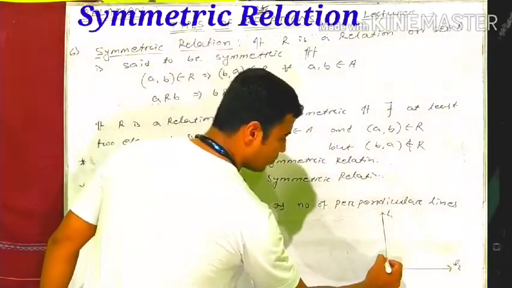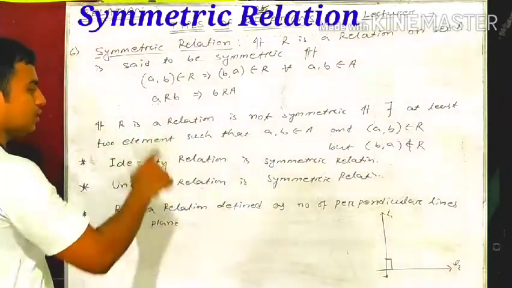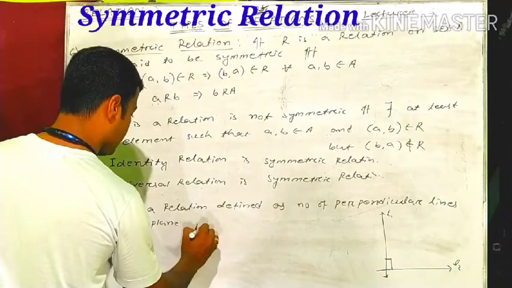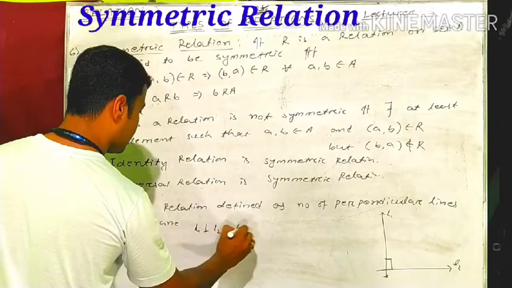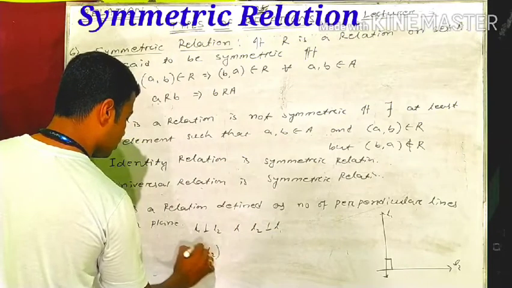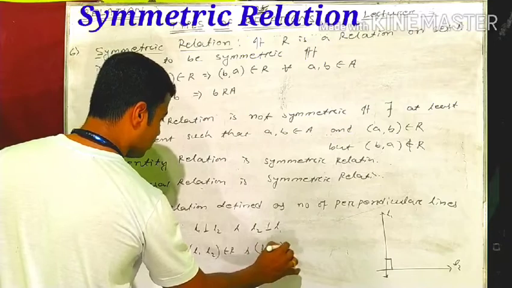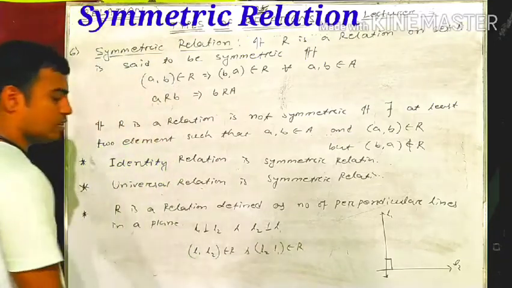Here L1 is perpendicular to L2. So in this definition, we know L1 is perpendicular to L2 and L2 is also perpendicular to L1. So (L1, L2) belongs to R and (L2, L1) belongs to R. So this relation is called symmetric relation.